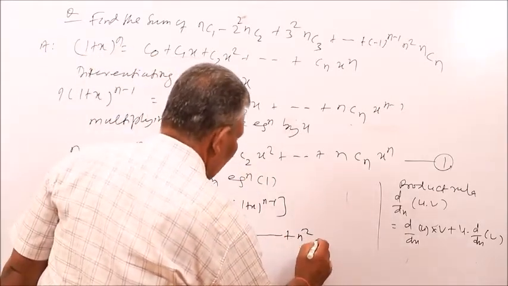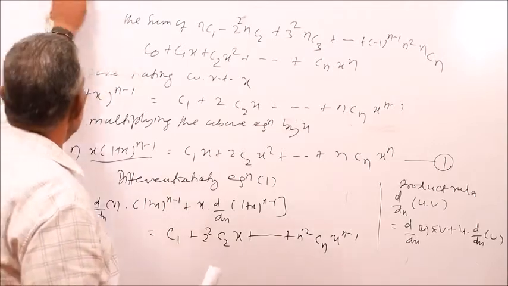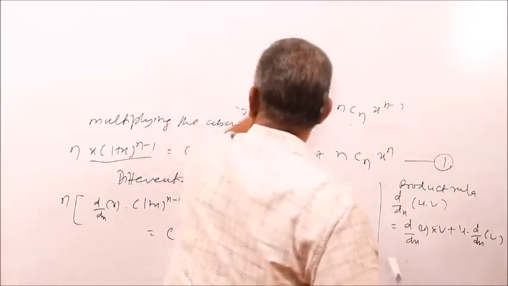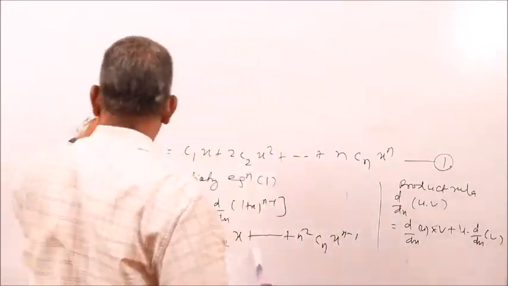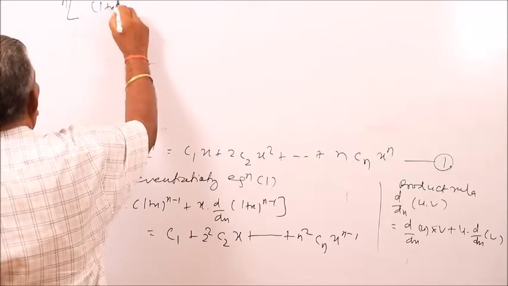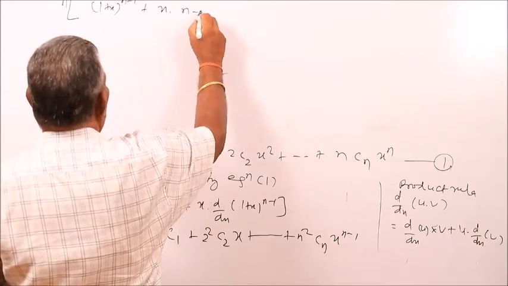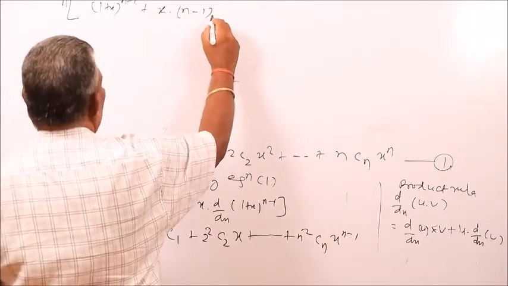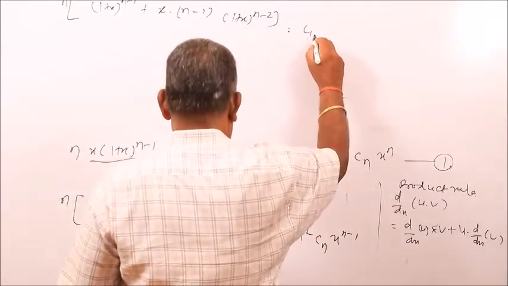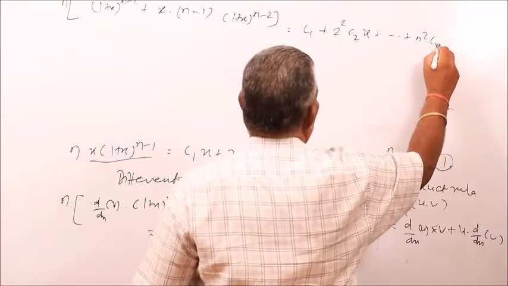Similarly, n square cn x to the power n minus 1, that is n into (1 plus x) whole to the power n minus 1 plus x into n minus 1 into (1 plus x) whole to the power n minus 2 equals c1 plus 2 square c2x plus dot dot plus n square cn x^n.